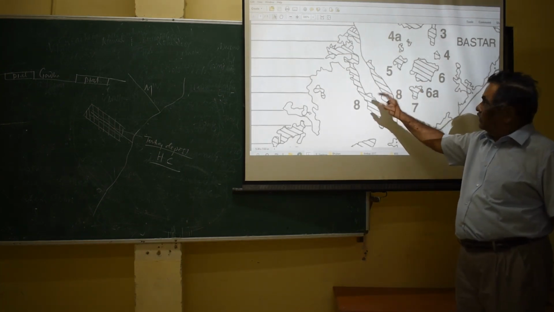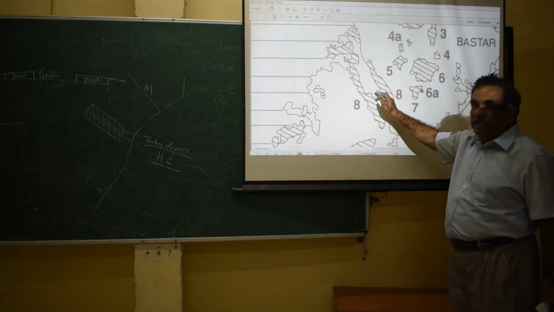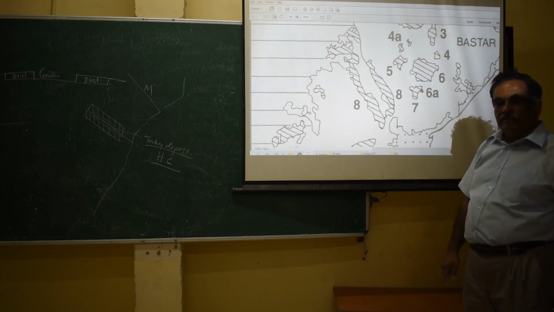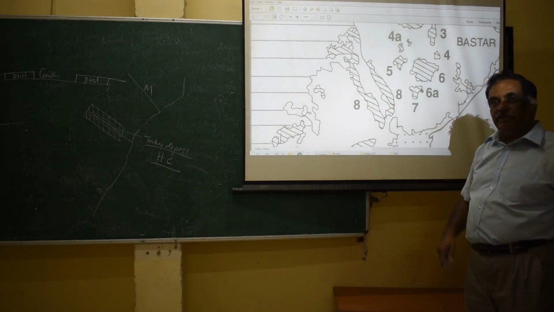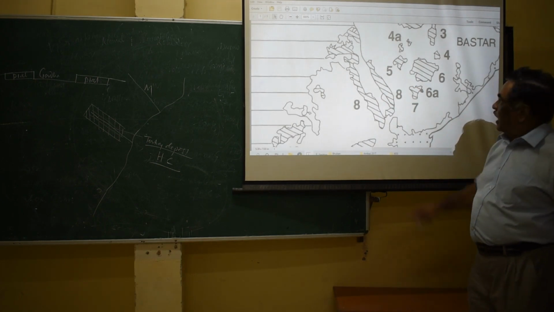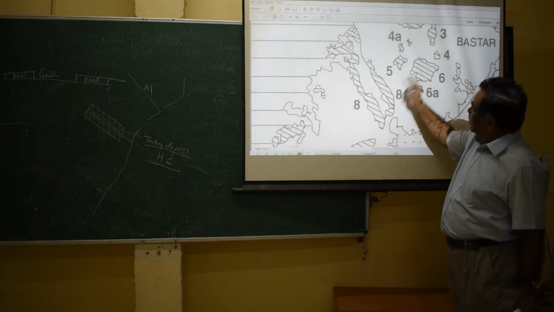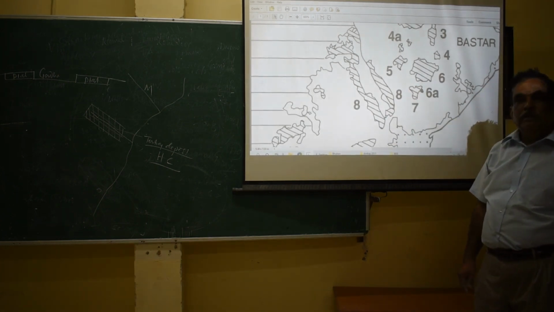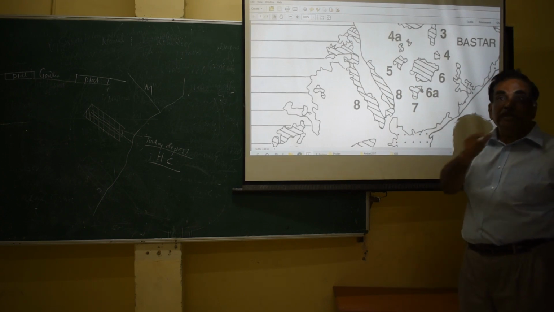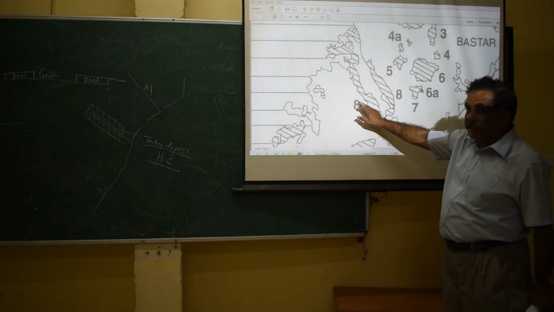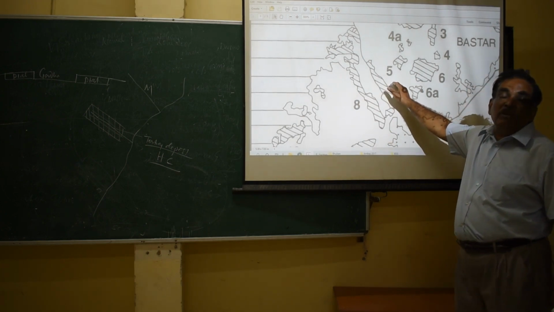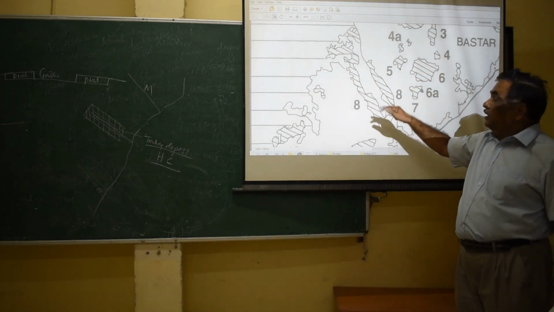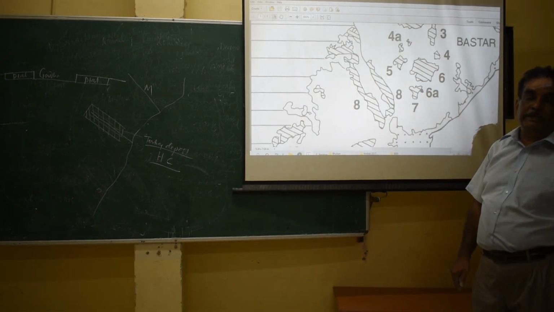You have platform, you have central Gondwana, and also recent tertiary sediments overlying. And if you see further on either side, you have Archean granulites, which are called Karimnagar granulites and Gopalipatnam granulites.